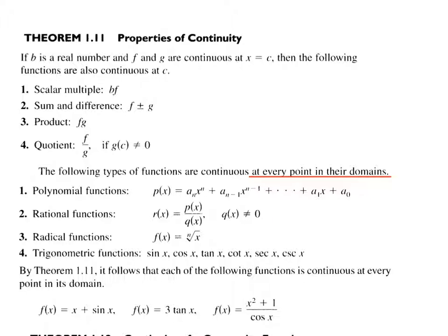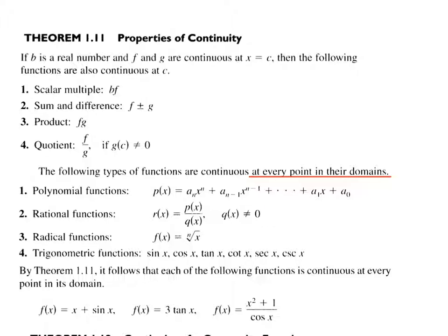Rational functions, as long as the denominator does not equal 0. By the way, remember, by definition, rational functions were made up of two polynomial functions. We use that term a little bit looser than the actual definition, but if you have two polynomials divided, you know it's going to be continuous.